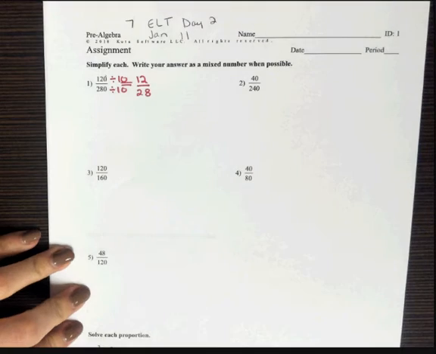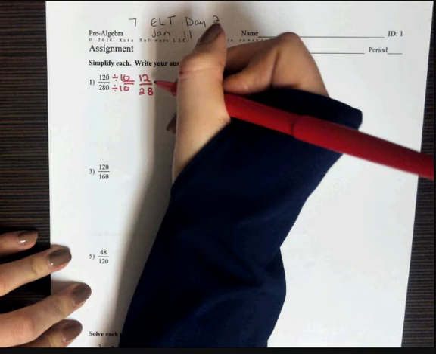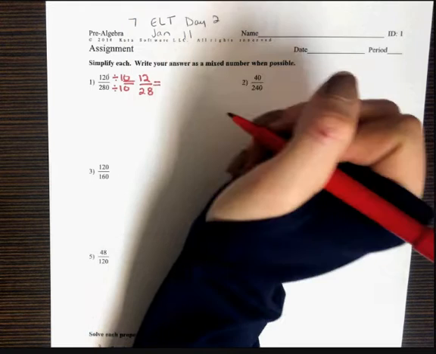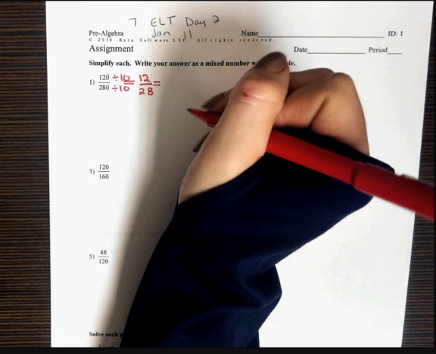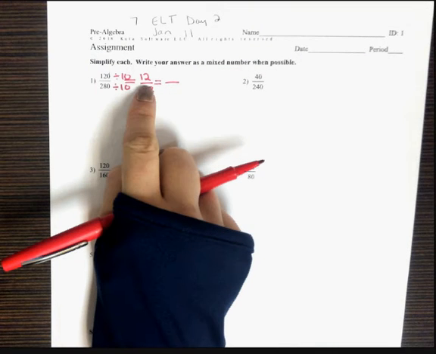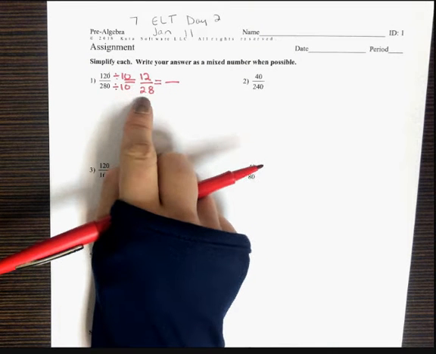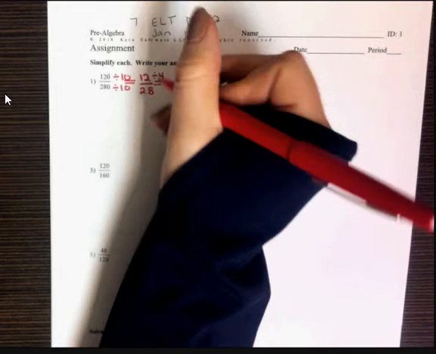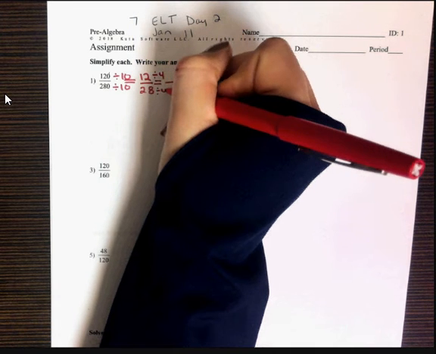Now you have to be careful because 12 over 28, this fraction isn't done being simplified. So then I think, what factor do 12 and 28 have in common? The factor that comes to mind is 4. I can divide a 4 into 12, I can divide a 4 into 28.